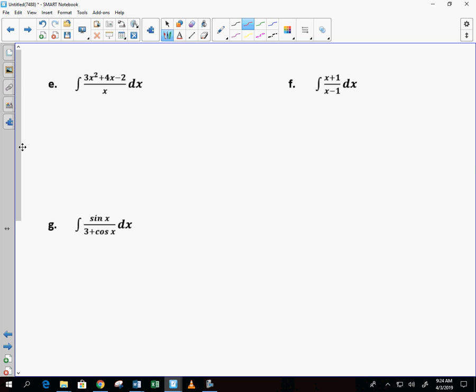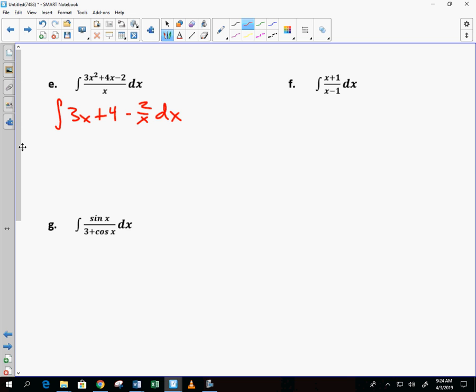Does anybody know the approach that we take for letter E? As I have one term in the denominator, I'm going to divide everything by x and simply rewrite the expression. I therefore have the integral of, what is 3x squared divided by x? 3x. What is 4x divided by x? 4. What is minus 2 over x? So I just rewrote it. I haven't done any calculus at this point.